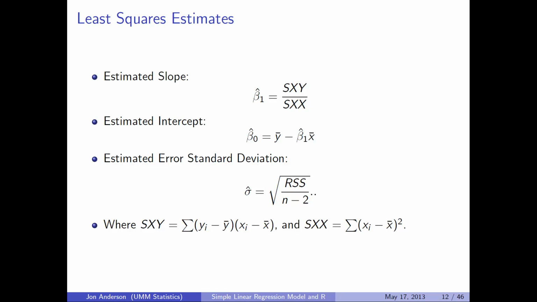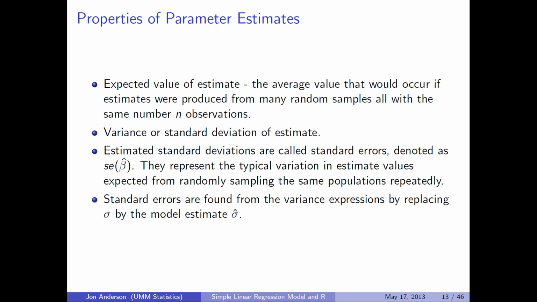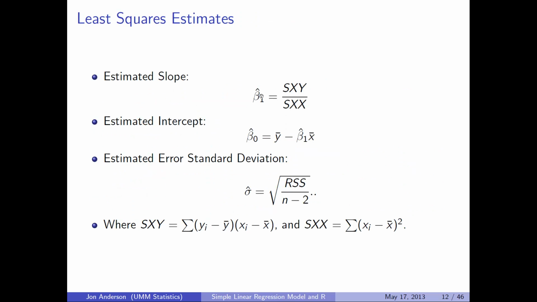There are some patterns. We're going to learn those patterns. One of the important things is what is going to happen on average, and another important thing is to understand how much variation there is going to be in an estimate like this from one sample to another.